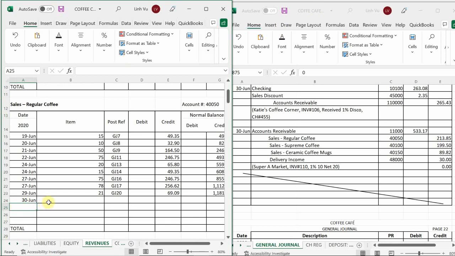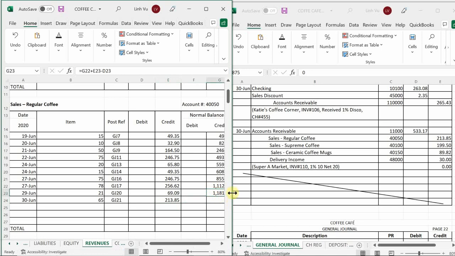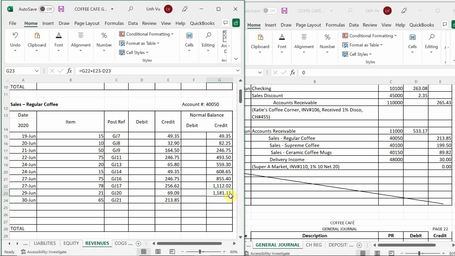We sold 65 pounds of the regular coffee for a grand total of $213.85. So that should increase your total sales to a total of $1394.96.